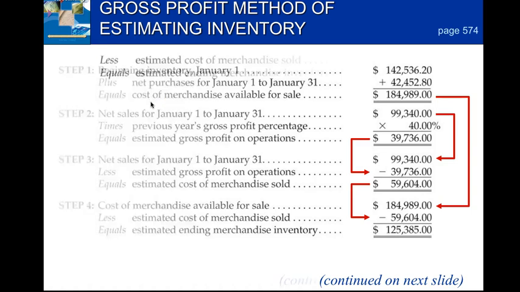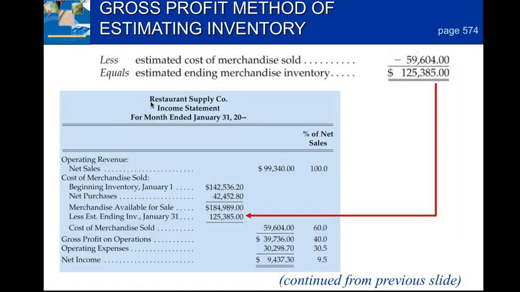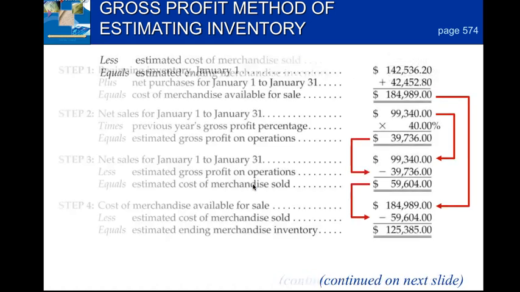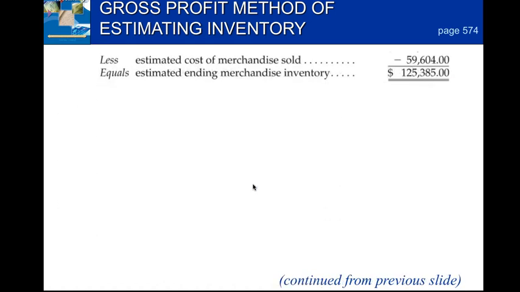Okay, so this is just for January. And the income statement that we have here is just for January. These steps that you took here are the same steps that you'll do for the month of February, the month of March, and so on.